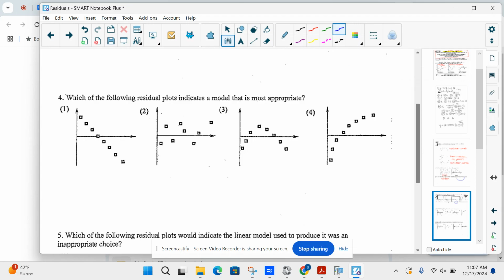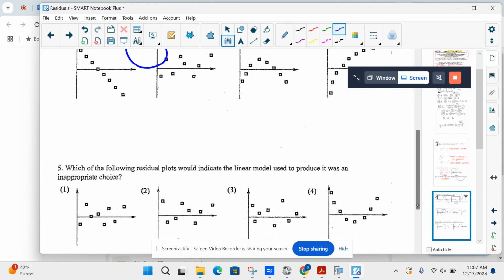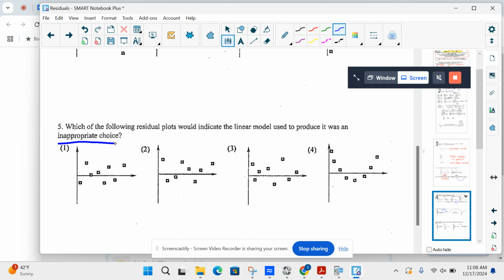A good fit is when the residual does not have a pattern. No. 2. Yes. Because they're random. Right. So which one of these would be an inappropriate choice? Quinn? 4. Mm-hmm.